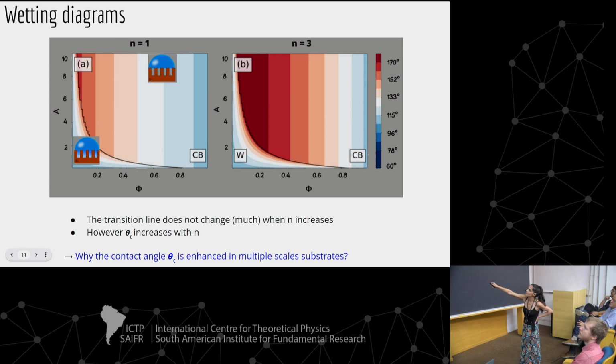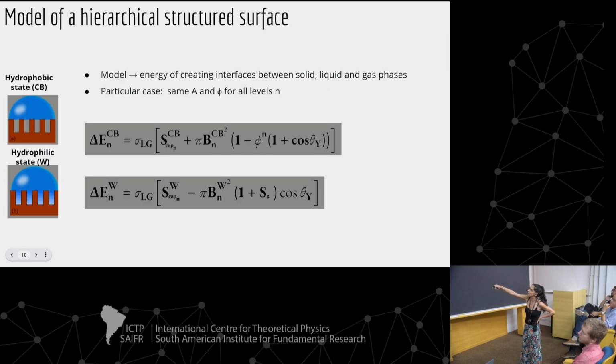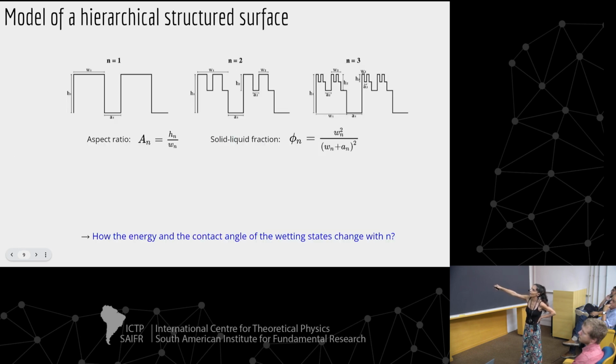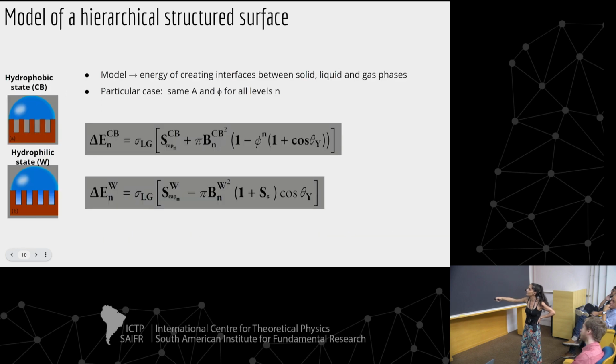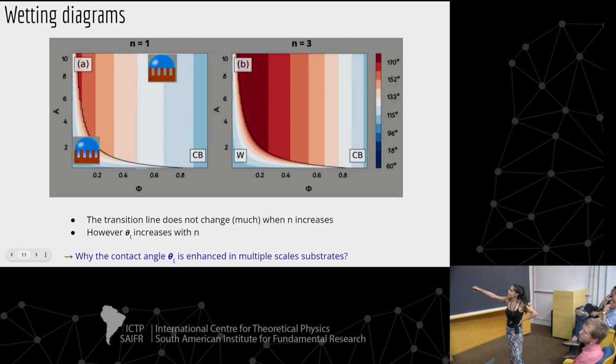And what you see here is for n equals 1, so n equals 1 means that we are in this pillared surface. What you see is that we find a transition line which separates the two sides of this wetting diagram. One is where the droplet prefers to stay in the hydrophobic state.